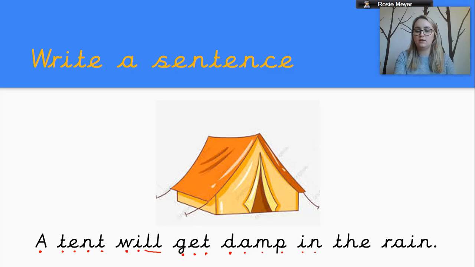I'm going to keep going. Now we've come across a tricky word here, so I'm going to have a circle around my tricky word because we know that we can't sound that word out. Okay, that is just the tricky word that we need to know. And the final word has a digraph in the middle. Fantastic. So when you've added all your sound buttons and you're ready, let's have a go at reading this sentence together.